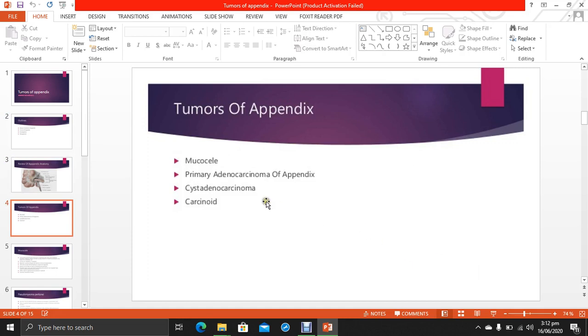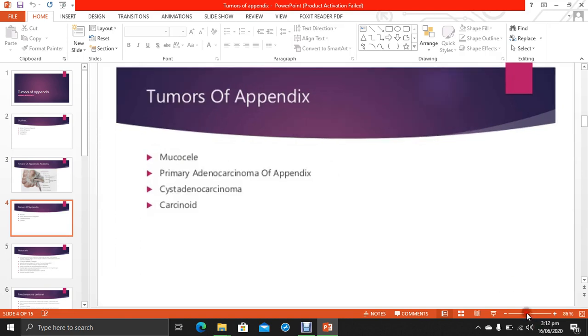Tumors can be benign or malignant. Number one, mucocele; primary adenocarcinoma of the appendix, cystadenocarcinoma of the appendix, and carcinoid tumor. We will discuss one by one and their management, what to do and how to manage it.